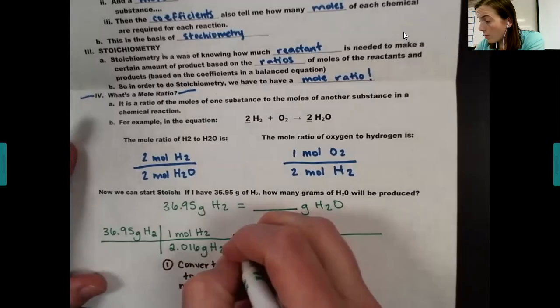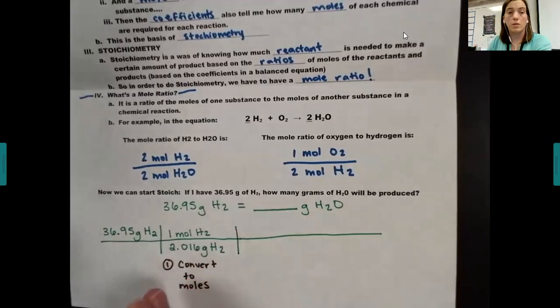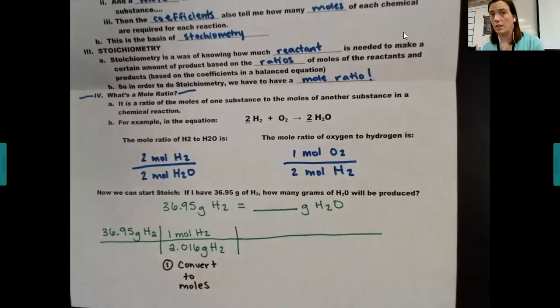All right, so now if I were to solve this problem, it would tell me how many moles of hydrogen I have. It's a one-step mole problem. But I'm trying to figure out how many grams of water I have. I can't just go from talking about hydrogen to talking about water in the same breath.